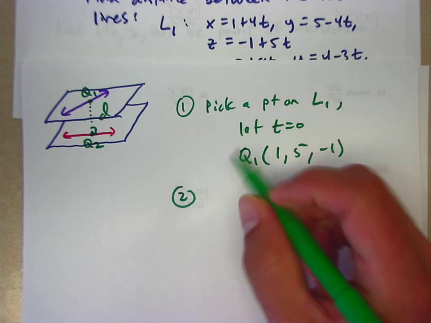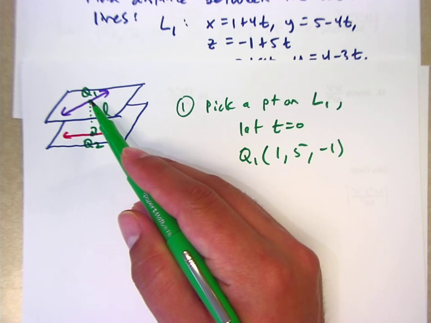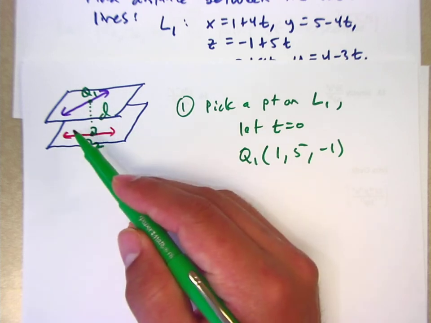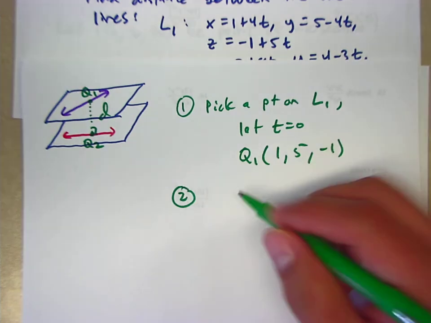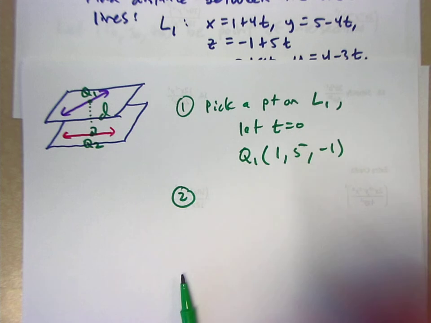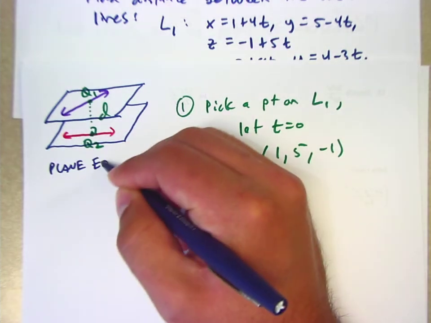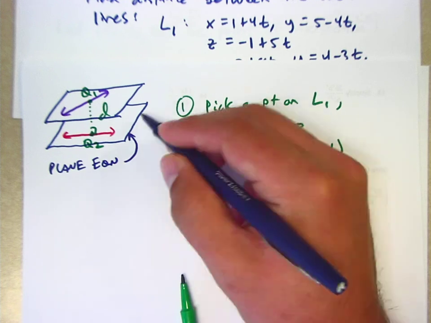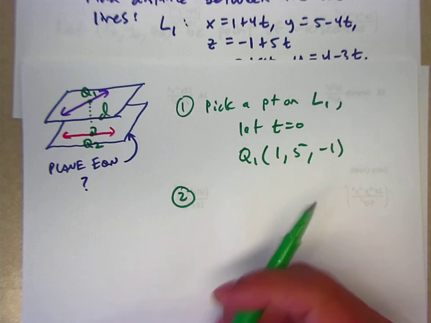And so we're basically going to find the distance between this point and this plane now. Well, that's the problem: what is the plane equation for this second plane? I don't have a normal vector, I have a point.